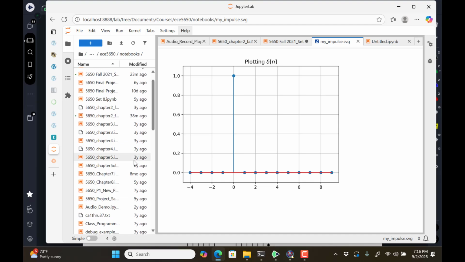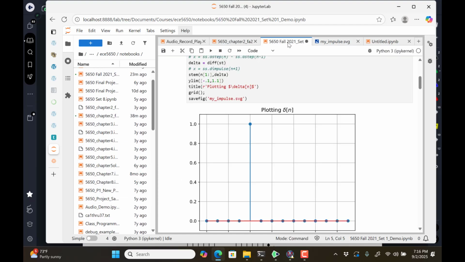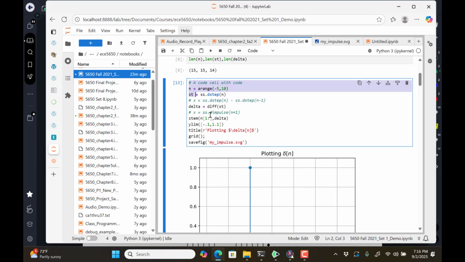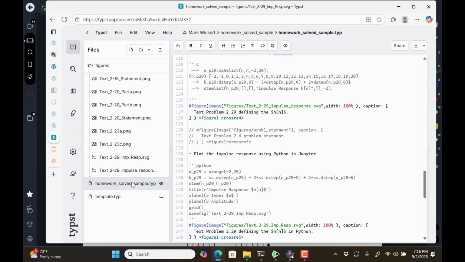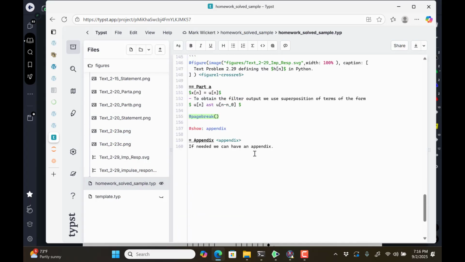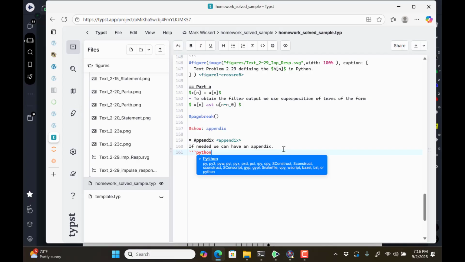And if you wanted to put your code in here, I could do that. Control C, and then I would go over to Typst and make a cell in here. I'm going to put it at the end, in my appendix, just so it's more obvious. Some back ticks tell it that it's Python code. My keyboard's giving me some fits right now.